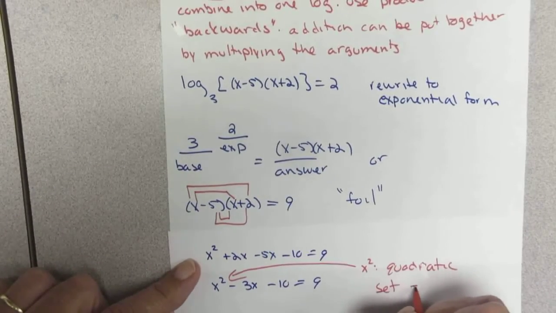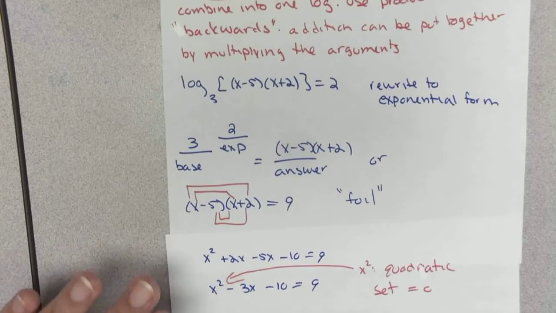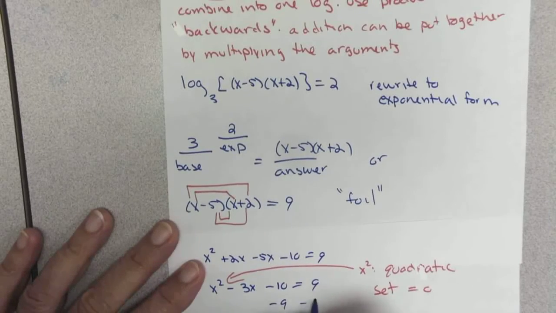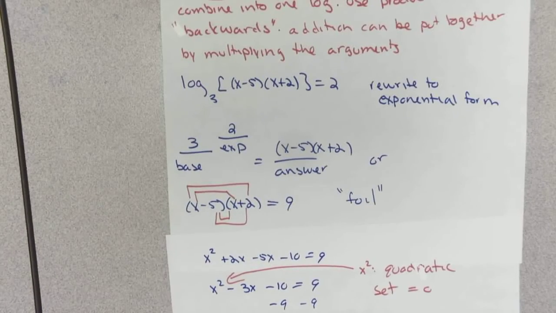So I'm going to set it equal to 0. So I'm going to subtract that 9 from both sides. So x squared minus 3x minus 19 equals 0. And then it'd either be the quadratic formula or factoring. And it doesn't seem to factor, and so I'm going to use the quadratic formula.